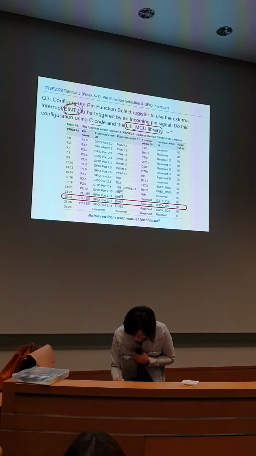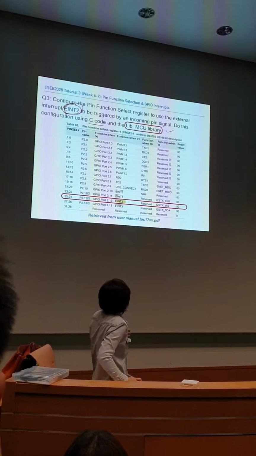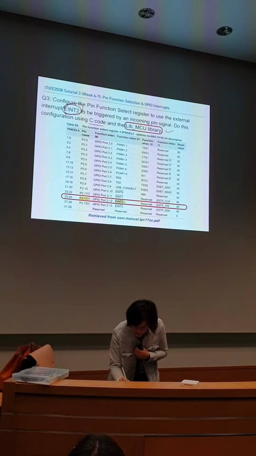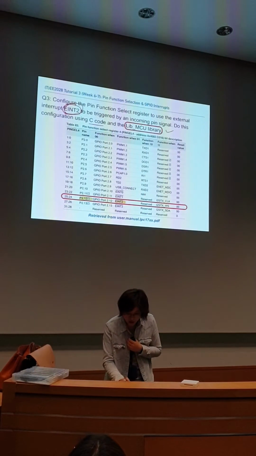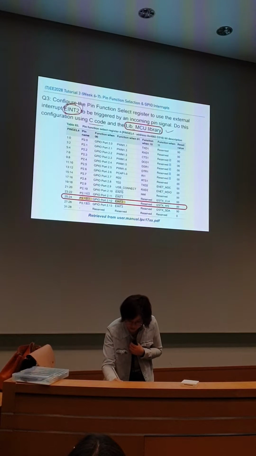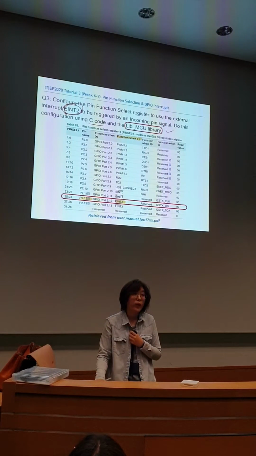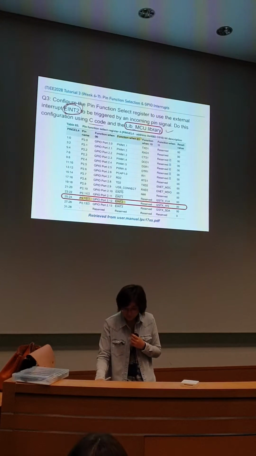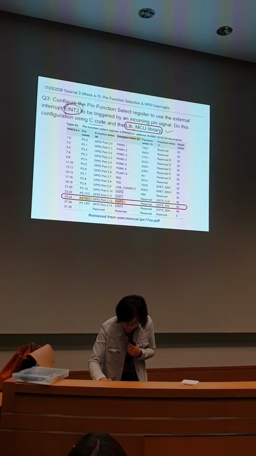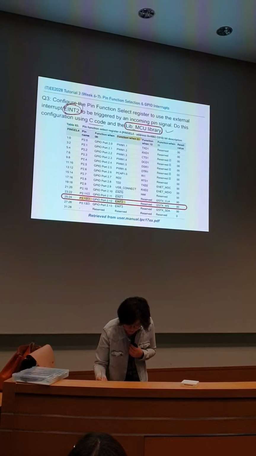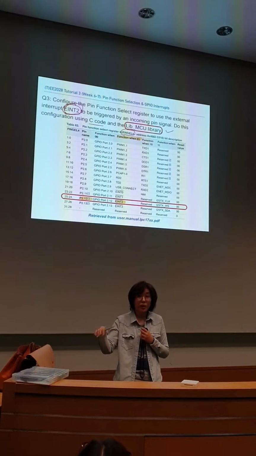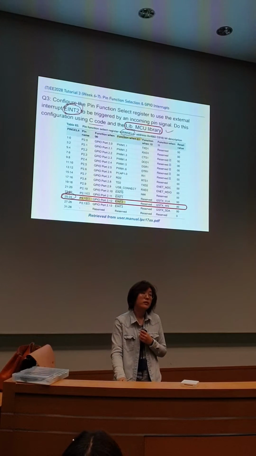You can see it is here, 0, 1. Which means you want your P2.12 working in function 0, 1. Again, to do this, you need to go to this address and modify the bits, right?